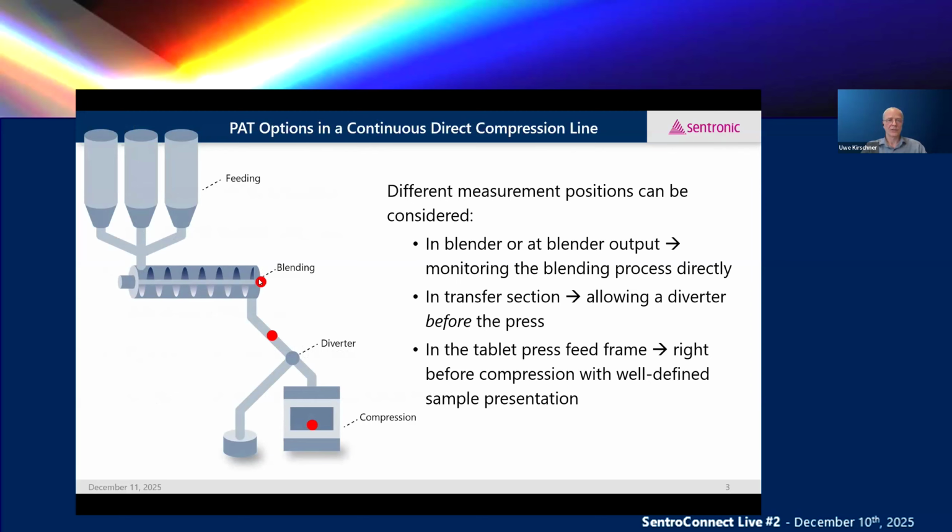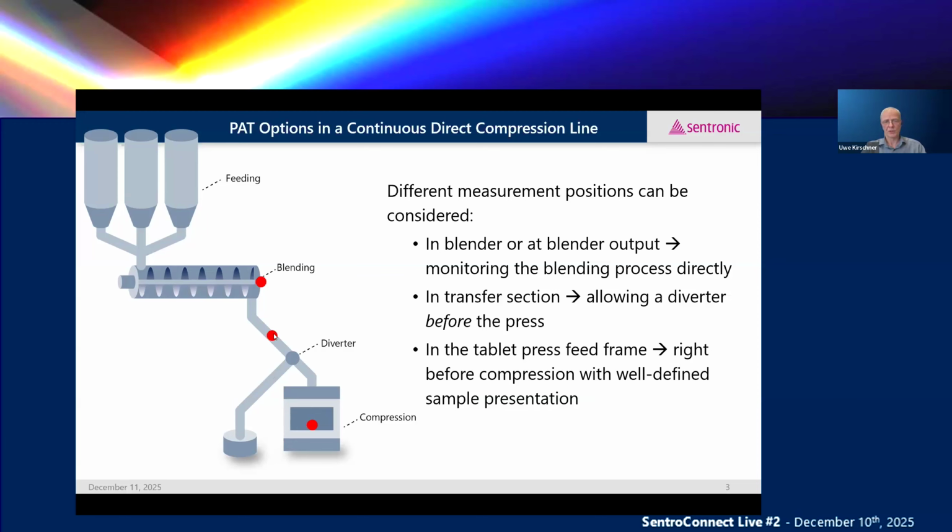And there are, of course, different positions where the NIR could be located. One is directly at the outlet of the blender step itself or inside the blender, depending on its configuration. This is a very early position in the process, monitoring the unit operation itself. Then other options are in the transfer sections, where there would also be the option to integrate a diverter before the tablet press.